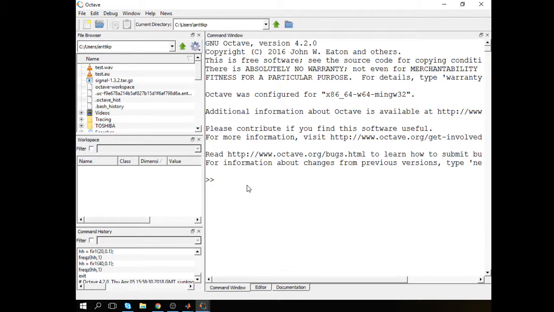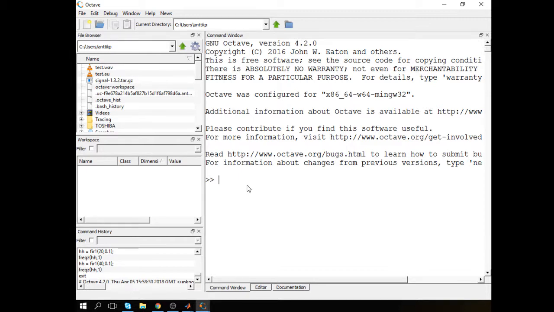Okay, that's the Octave. So it's not MATLAB, but somehow the usage actually resembles MATLAB a lot, and they are not competing.